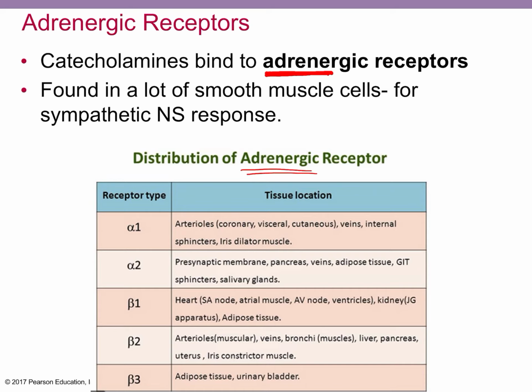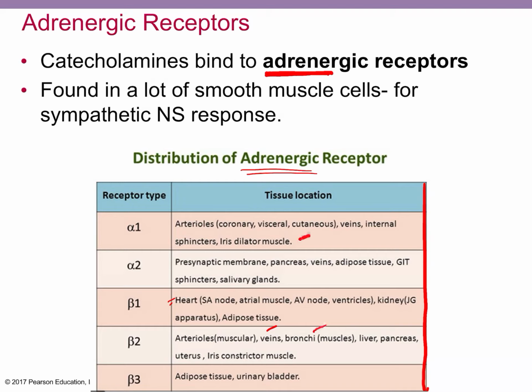So you're going to have increased awareness, your heart rate's going to go up, you're going to be ready to fight or flight. And you can see that a lot of the target cells that have this adrenergic receptor are going to be parts of the body: your heart, your blood vessels, your airways of the lungs, your iris dilator muscles.